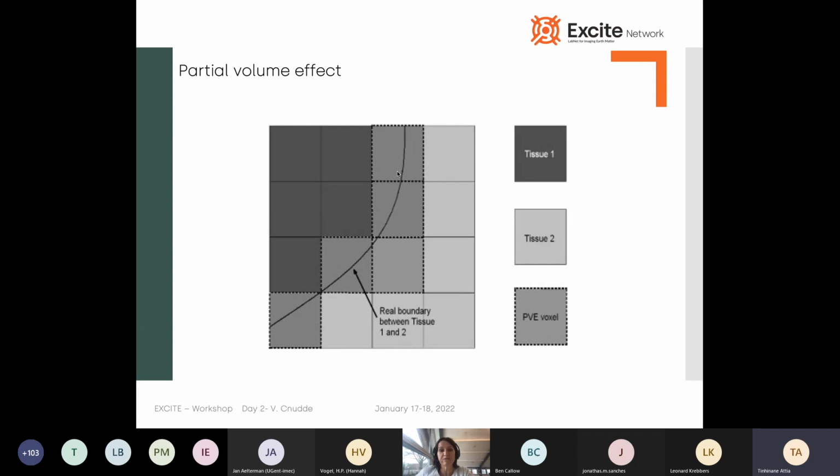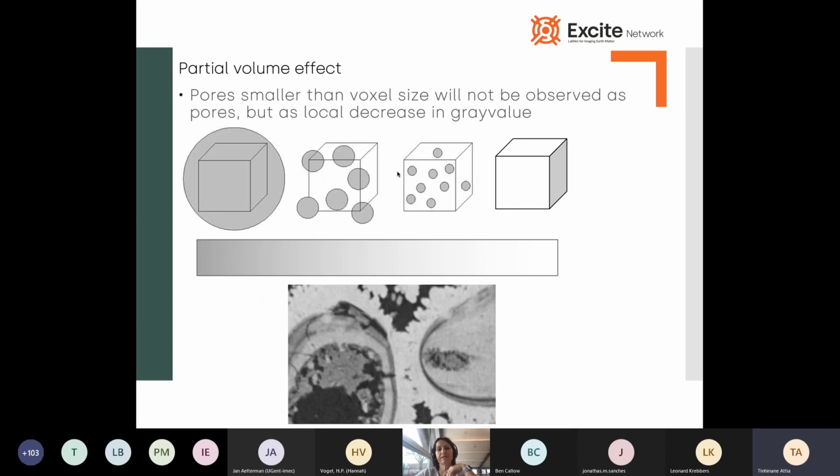The way to do so is typically, we try to work with small samples when using X-ray CT, because then we can work at the highest magnification, putting them as close as possible to our X-ray source, and therefore working at very small voxel sizes. So this is one way to solve this. So partial volume effect is a problem. On the other hand, it also can be of help.